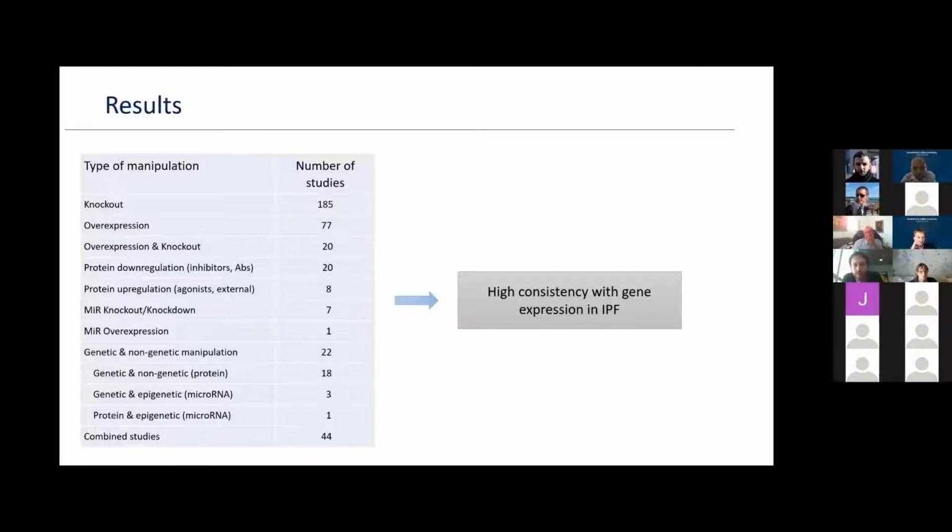And the important side note is we see a lot of consistency between the direction of the influence of the gene in the mouse bleomycin model to the expression of that gene in human IPF. And that's important because it means the bleomycin model has some relevance to human IPF. Not exactly how much, but it has some relevance at least. It's not completely irrelevant.